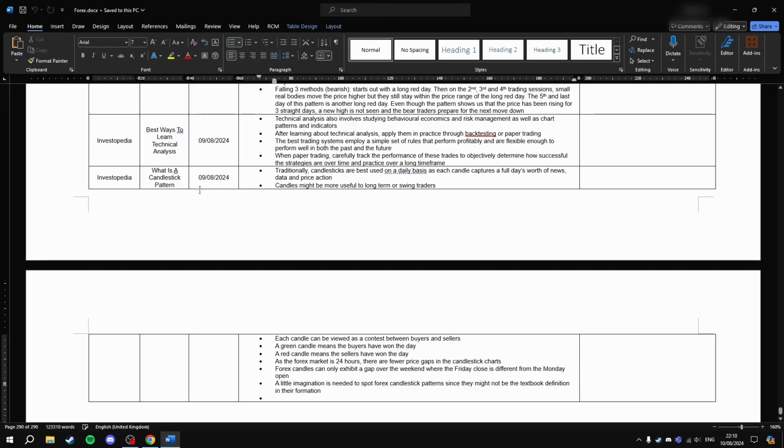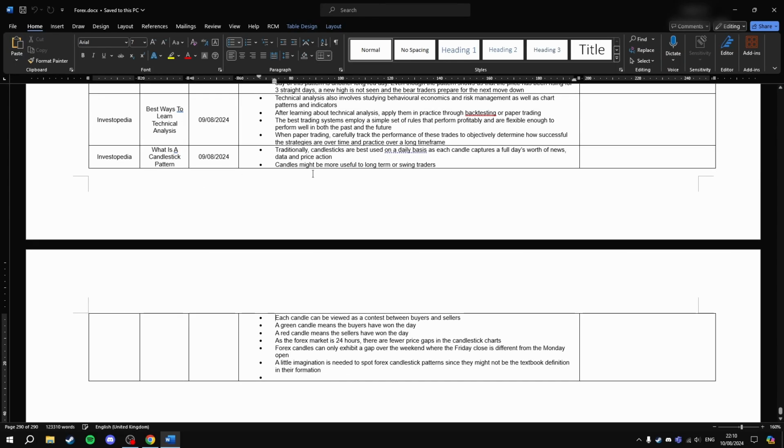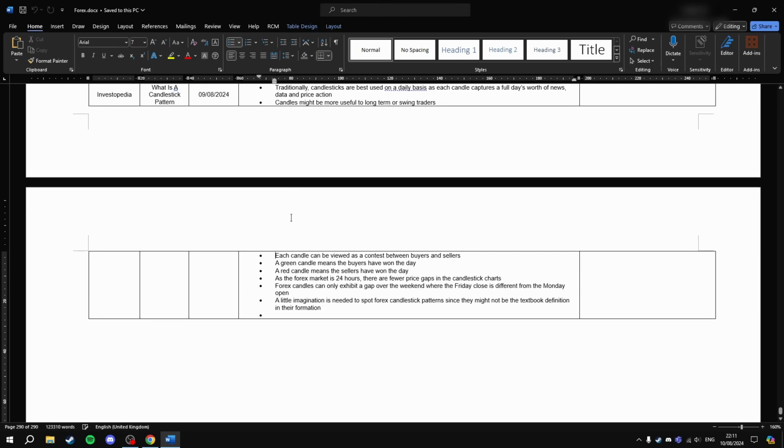And then we went through what is a candlestick pattern. Traditionally, candlesticks are best used on a daily basis as each candle captures a full day's worth of news, data and price action. So the candles might be more useful to long-term or swing traders, but of course short-term traders can use them as well. Each candle can be viewed as a contest between the buyers and the sellers. Green candle means the buyers have won the day, red candle means the sellers have won the day.